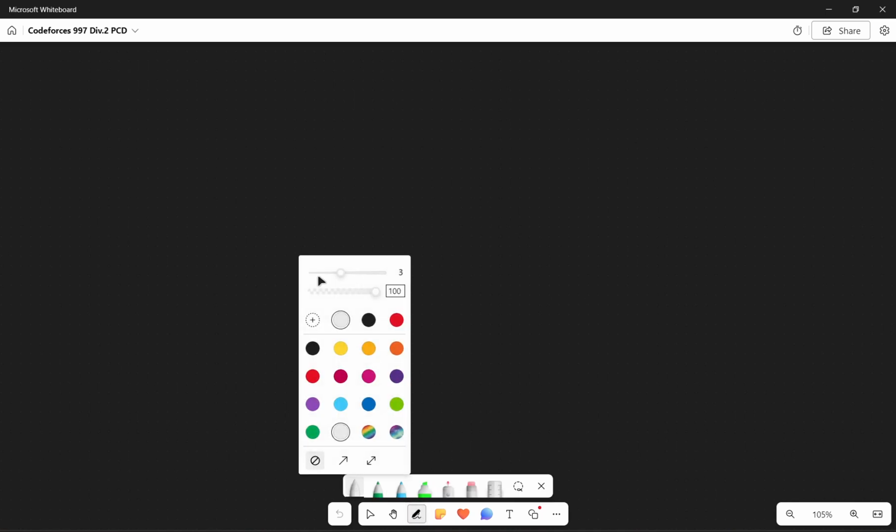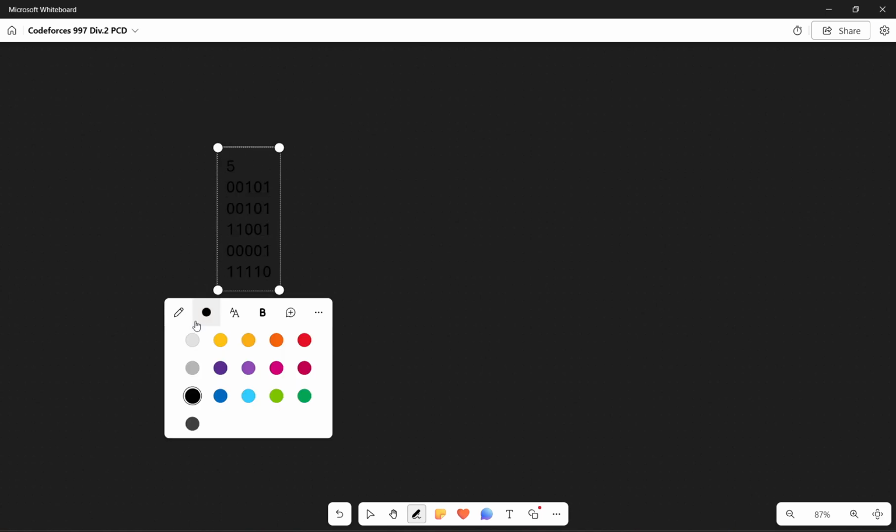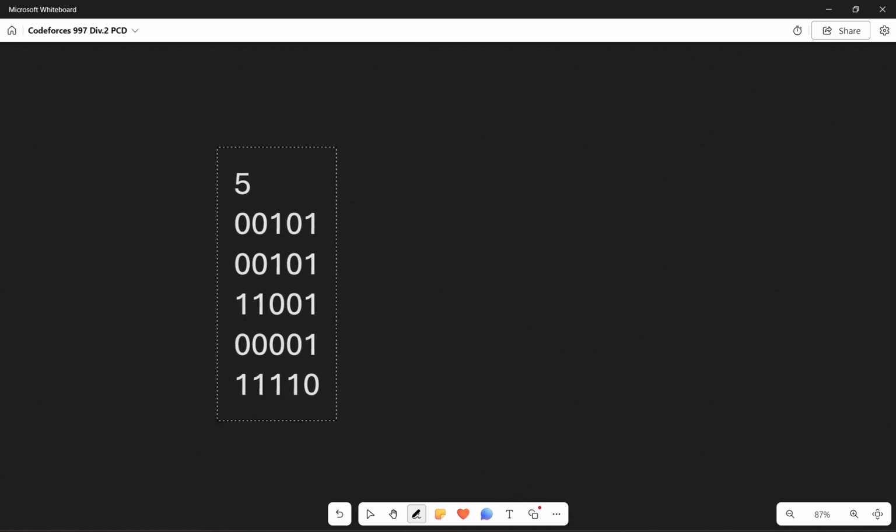So for the solution of this problem, this is our given test case.